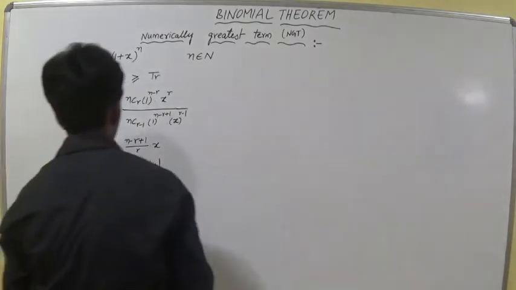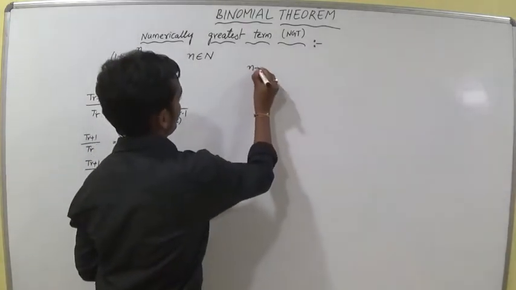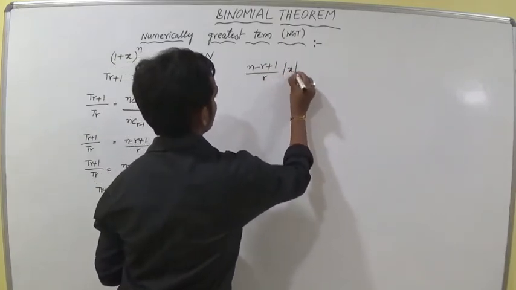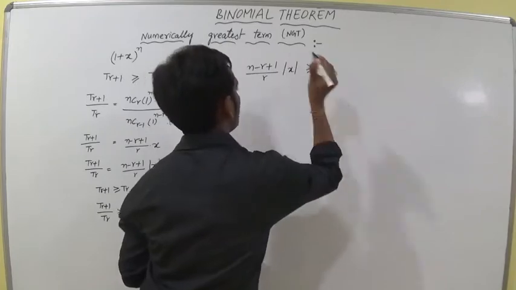That is n minus r plus 1 by r into mod x is greater than or equal to 1.